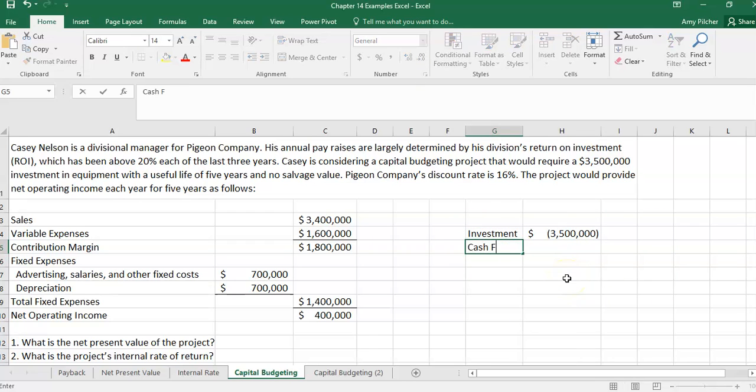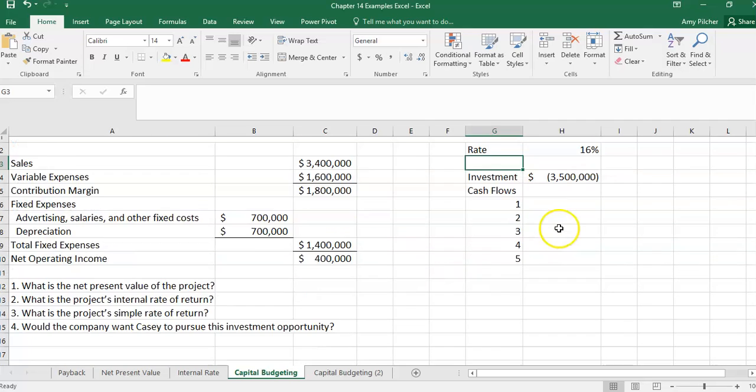And we have cash flows for 5 years: 1, 2, 3, 4, 5. No salvage value. We have a rate of 16%. And so now we need to know what our cash flows are.